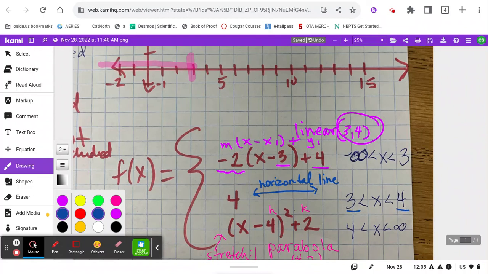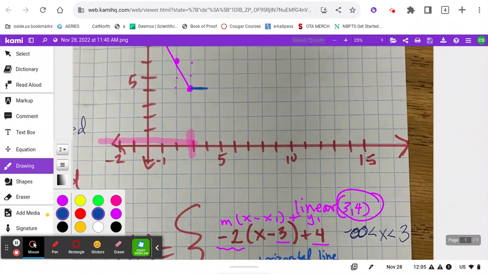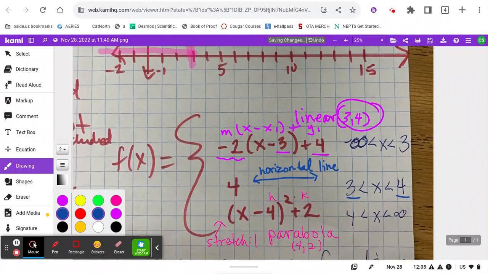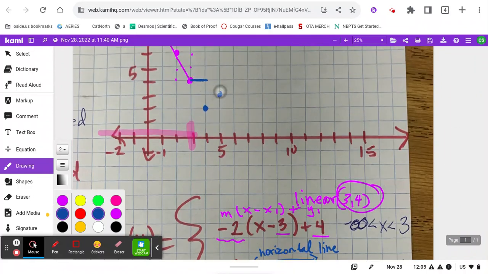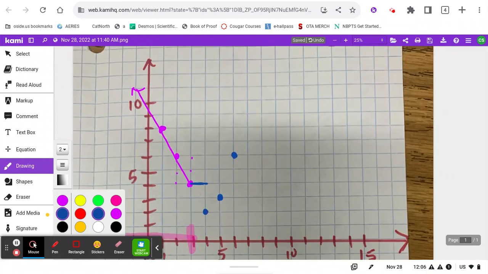And then finally, I've got my hook from 4 to infinity. This is going to start at (4, 2). And from (4, 2), we want to count the parent stretch of out 1, up 1, out 2, up 4, out 3, up 9.